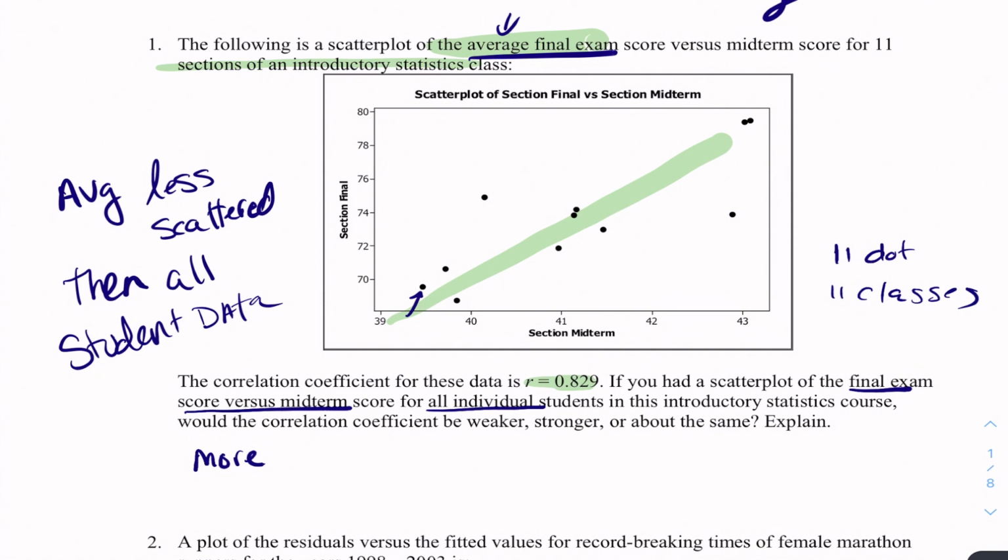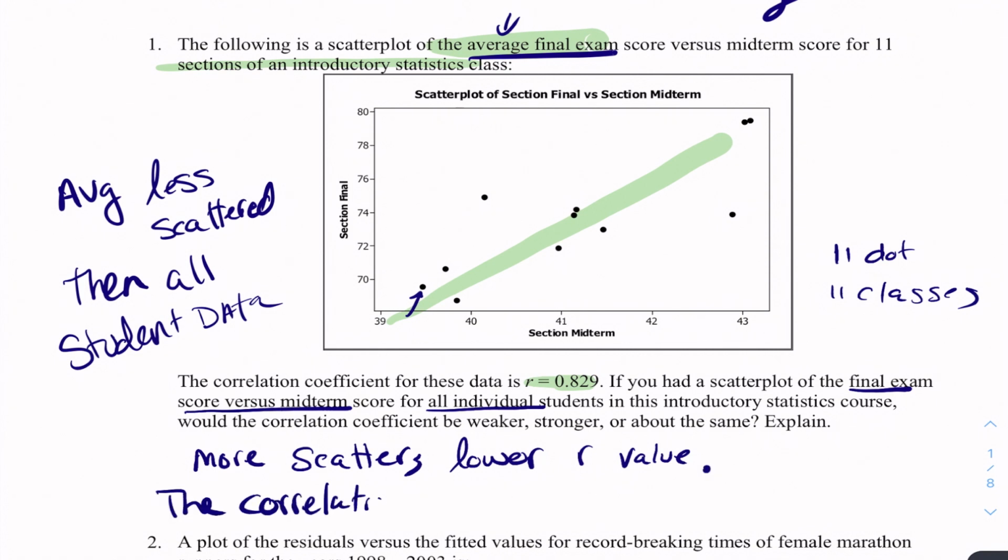Well, if there's more scatter, then you're going to have a lower R value. Or another way of thinking about this, the correlation will be weaker because averages make correlations stronger, or averages have higher correlation coefficients than relationships based on individual data.